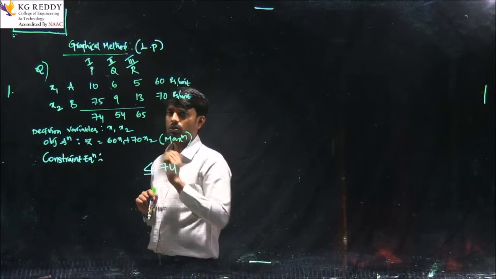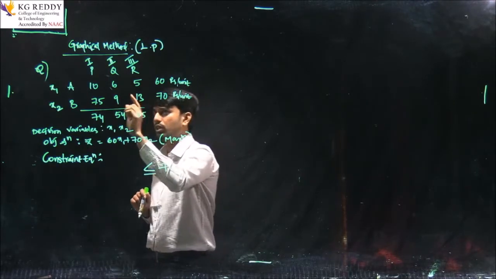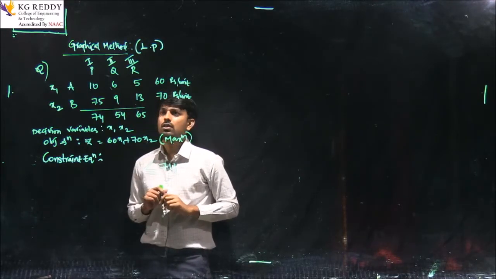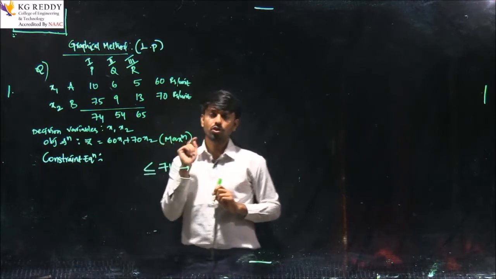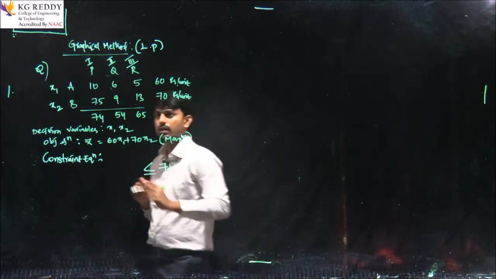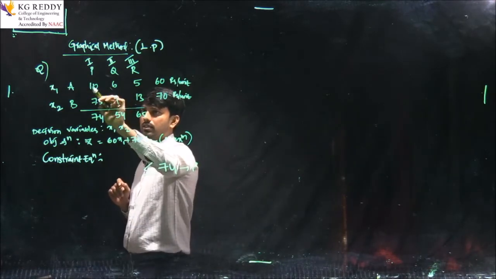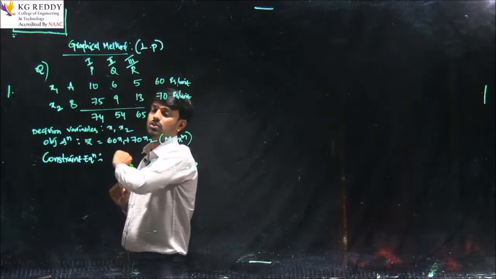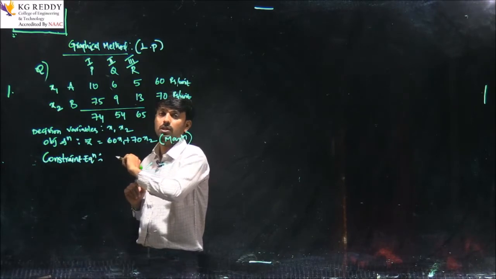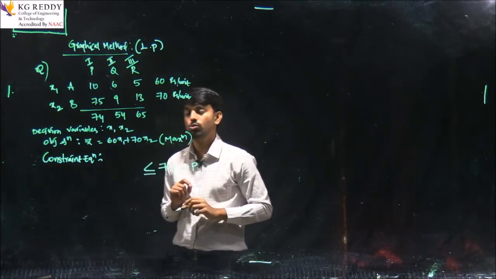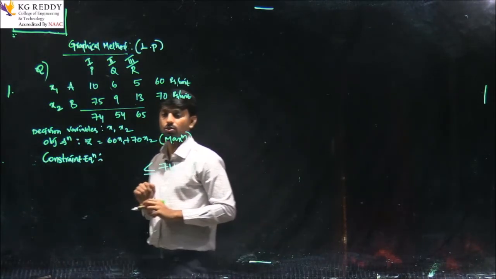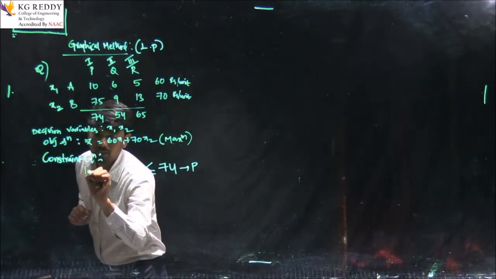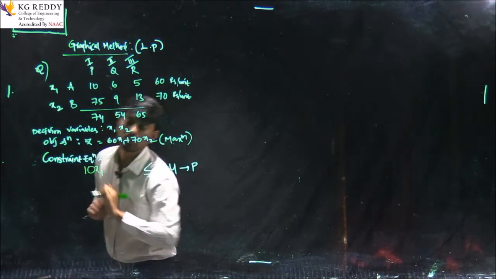It is 10, right? Here 10 is to produce 1 unit. Now we are thinking of producing x1 units. Then the time taken by machine P to produce x1 units of product A becomes 10 into x1.